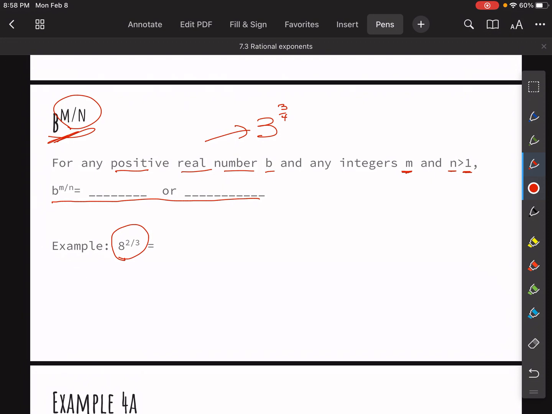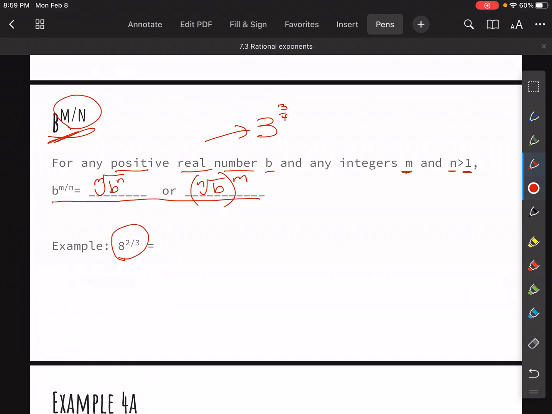It can be written as the mth root of b to the n power, or you can also write this as the nth root of b and the whole thing is taken to the mth power.